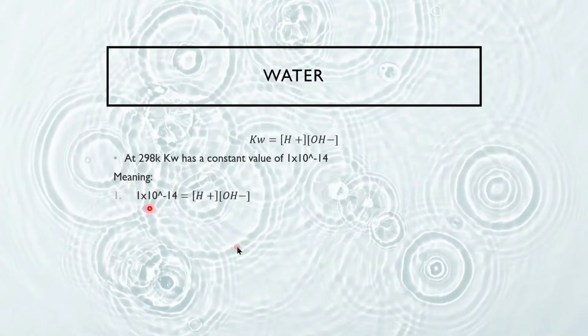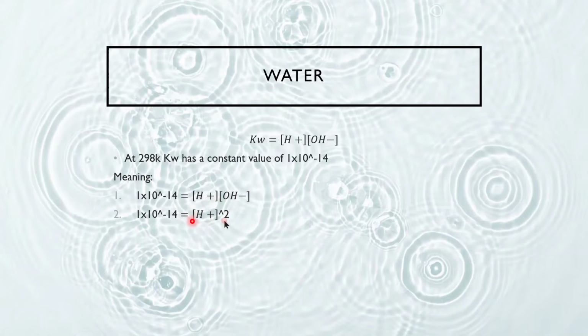This means if we plug our Kw into the equation up here, because our OH minus and H plus are equal, using our Ka assumptions which also apply here, because for every water molecule we release an H plus and a corresponding OH minus, our concentration of H plus and concentration of OH minus are the same.